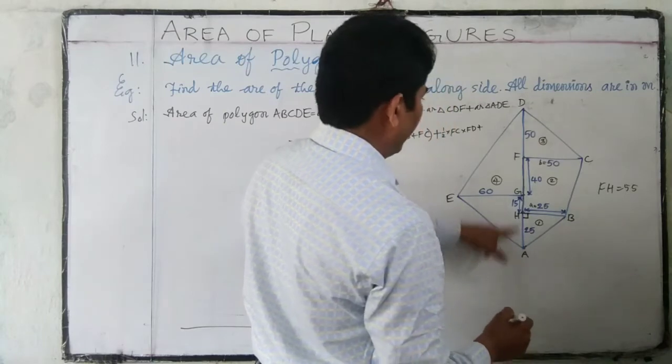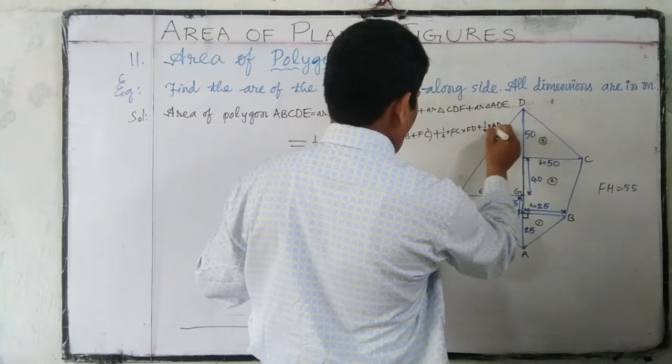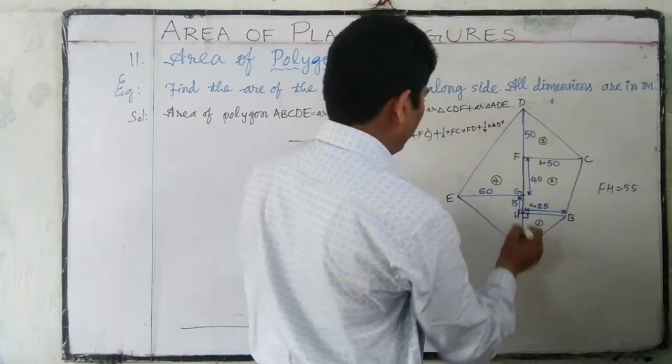This is the base AD, into this height GA.